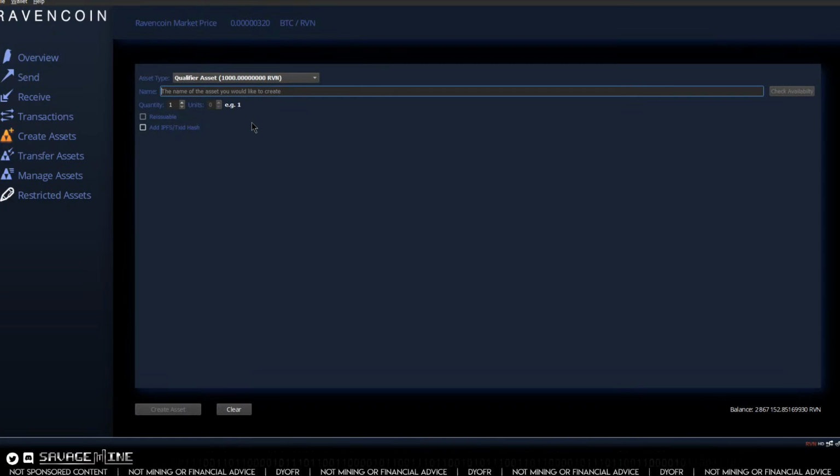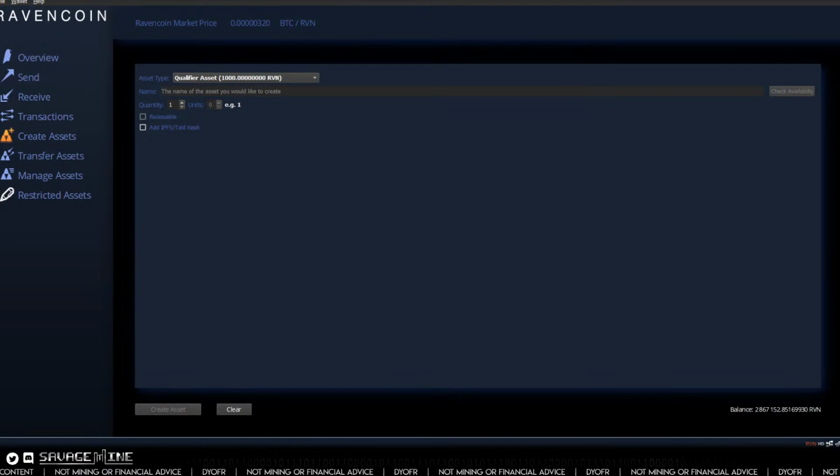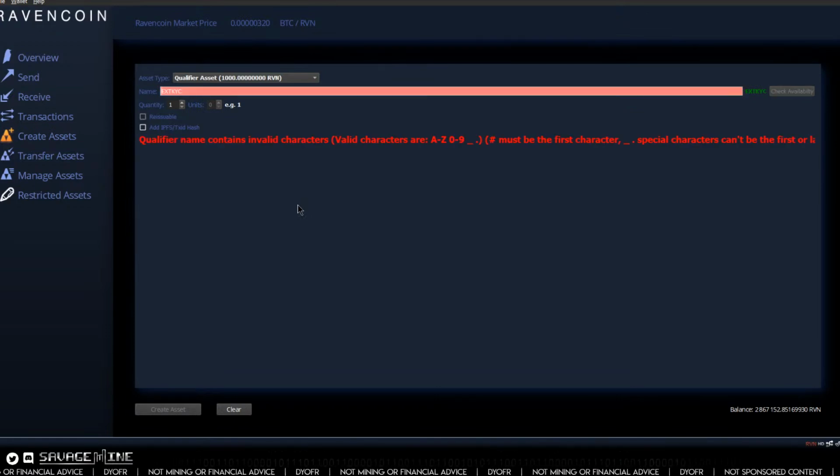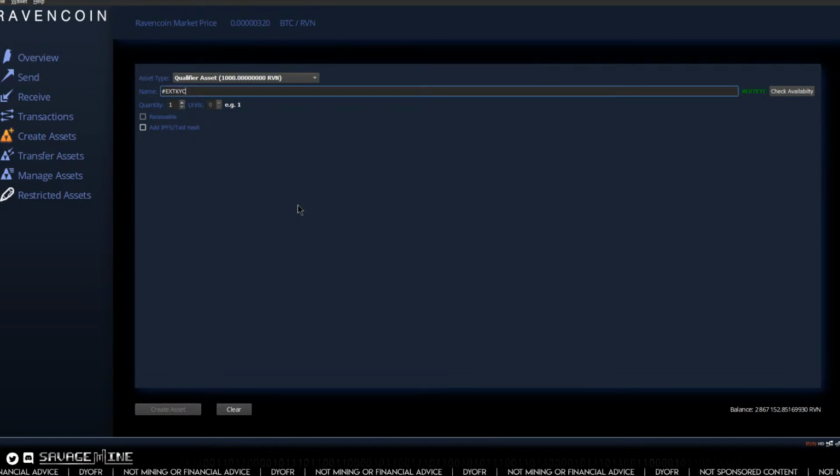The name of the asset you would like to create is our asset tag name, which was going to be EXT KYC for external KYC. So it's going to look like that. It has to start with the hash symbol, or the pound sign, because that identifies this as a tag.